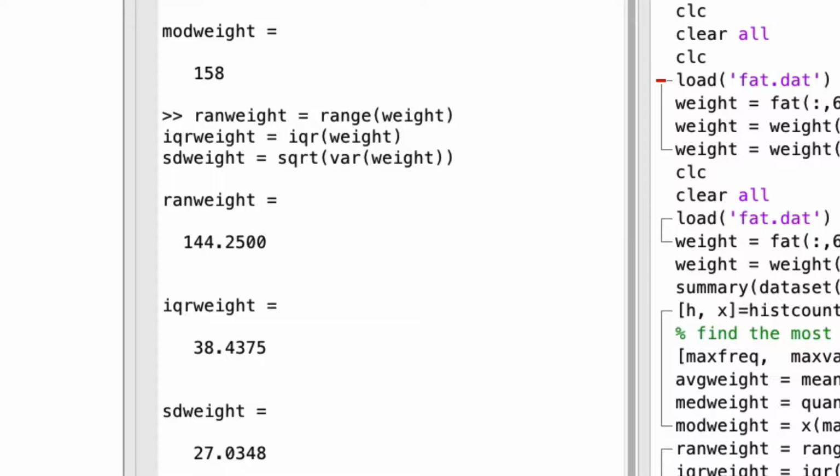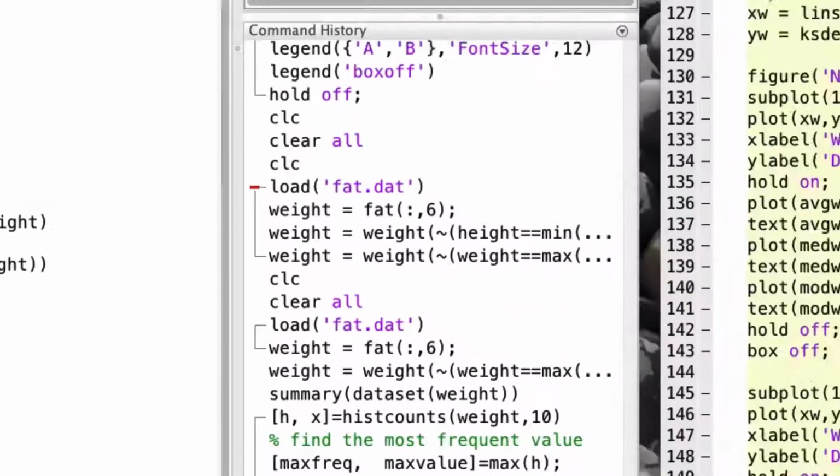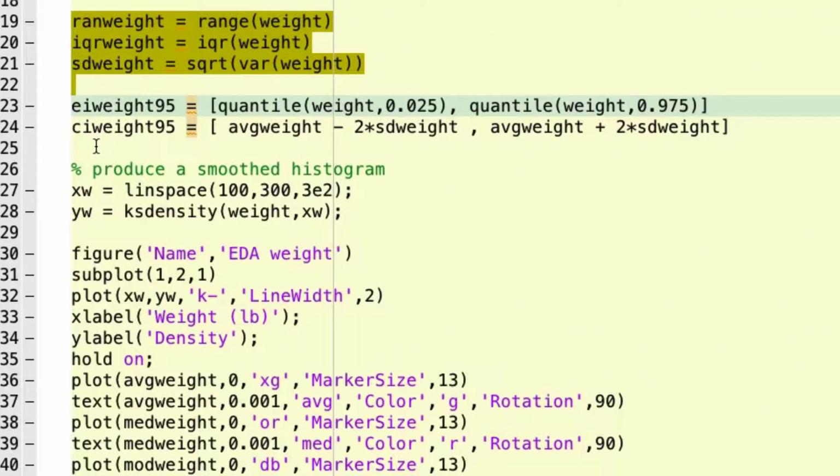I can also calculate intervals. We will talk later about interval estimation, but intervals will tell me the range of values where most of the observations lie.